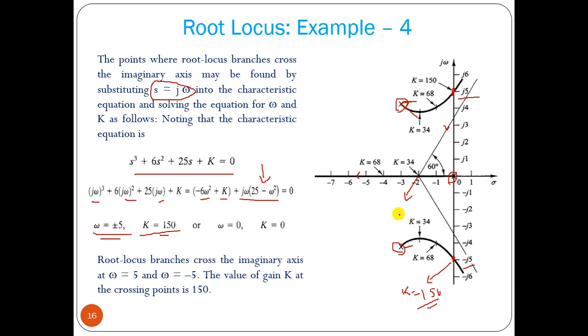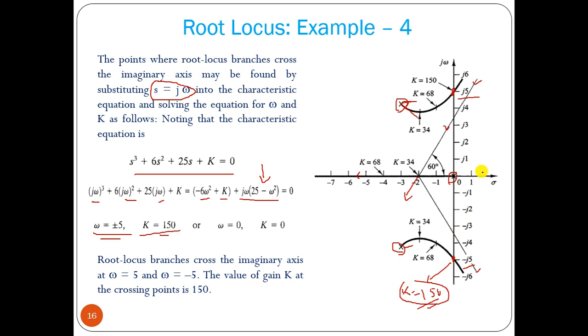These 2 poles depart at that departure angle, move and intersect the imaginary axis at j5, and then go along the direction of the 2 asymptotes to infinity. At this point of intersection with the imaginary axis, the k value is 150.